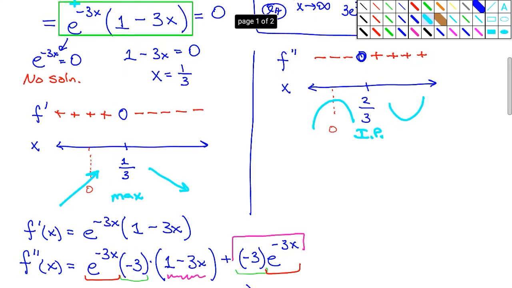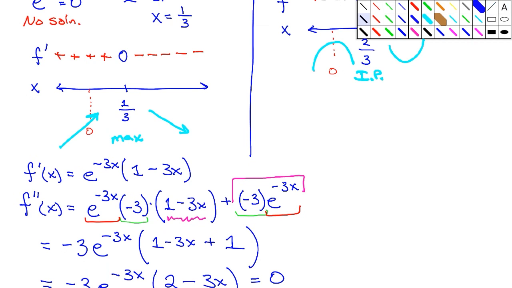Now we can use all of this information to draw a little sketch of the graph. The first thing we know is that it goes through 0, 0. We also know that it has a horizontal asymptote on the right side.